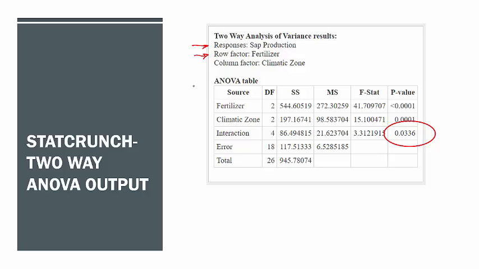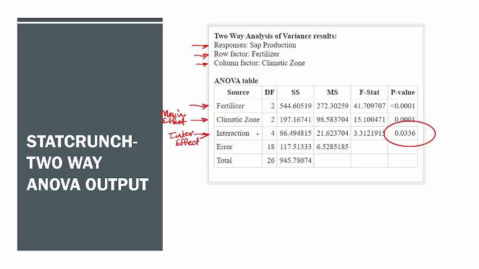The fertilizer column expressed my row values, and the climate zone column showed the different climate zones for my data. So notice we have the two different main factors, and then the interaction effect. So we have the test for the main effects, and we have the test for the interaction effect.